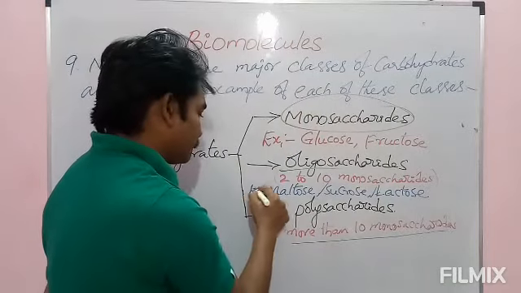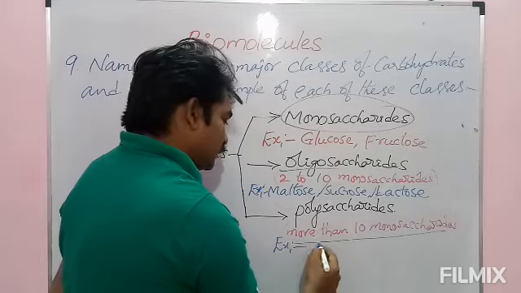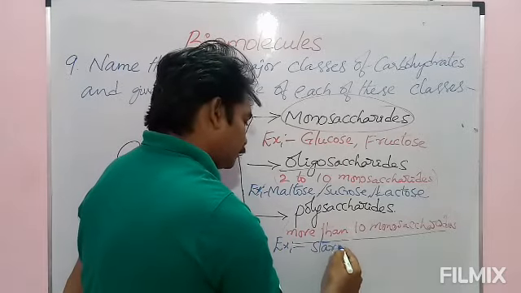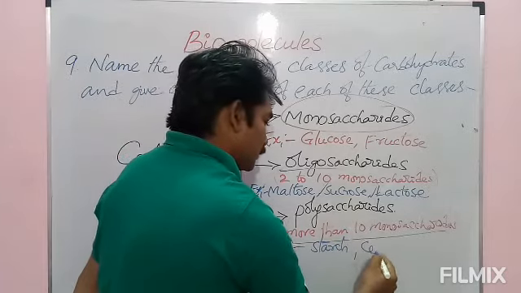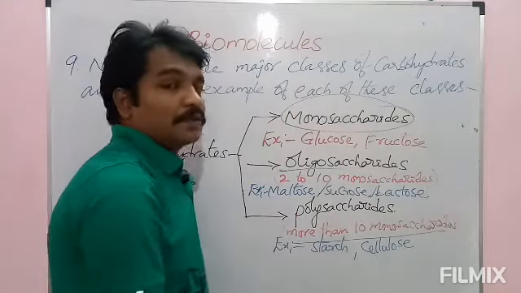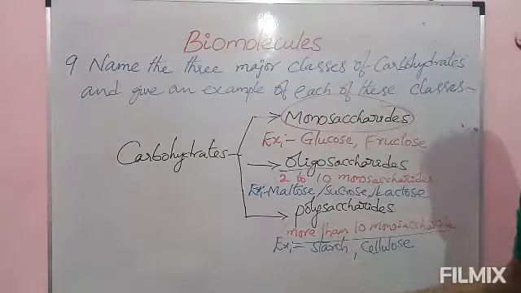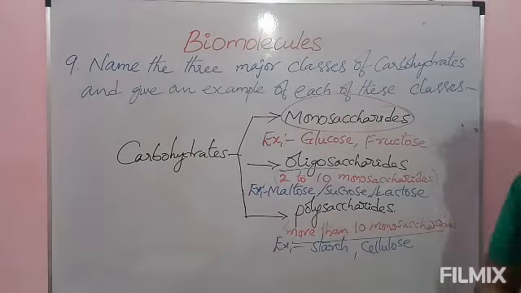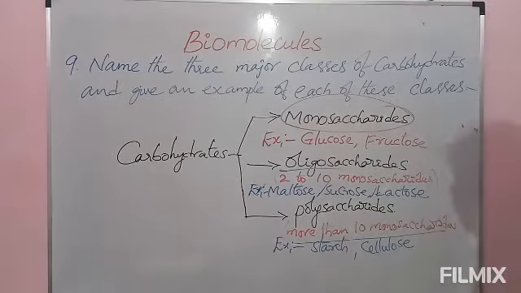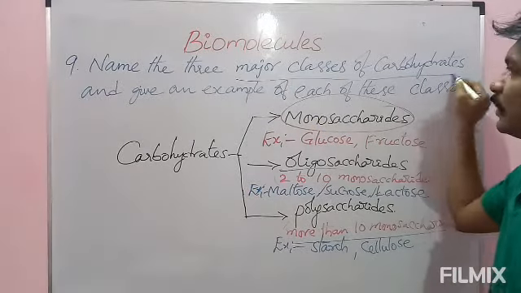Example for polysaccharides: starch, cellulose. Starch and cellulose are the best examples for polysaccharides. These three are the major classes of carbohydrates.